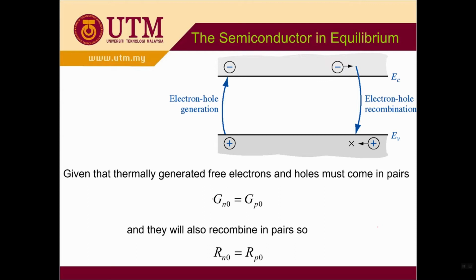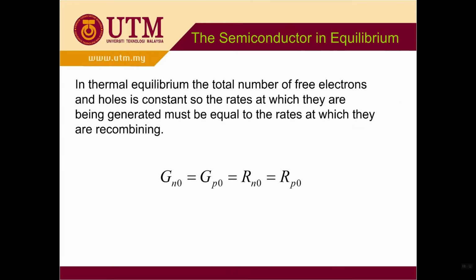This is the capital G here. N stands for electron. This is called G_n0 equals G_p0. They generate in pairs and recombine in pairs. In thermal equilibrium, we can assume that the total number of free electrons and holes is constant, so the rates at which they are generated must be equal to the rates at which they recombine.